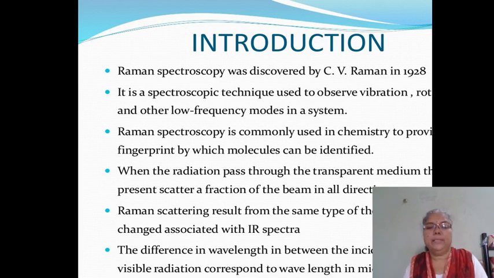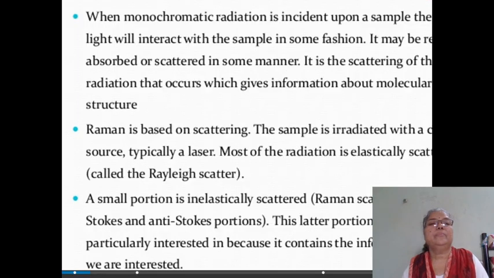Raman scattering results from the same type of quantities that are associated with the IR spectra. The difference in wavelength between the incident and scattered visible radiation corresponds to wavelengths in the mid IR region. When monochromatic radiation is incident upon the sample, the light will interact with the sample in some manner; it may be absorbed or it may be scattered.